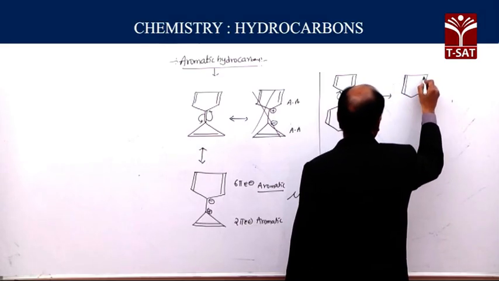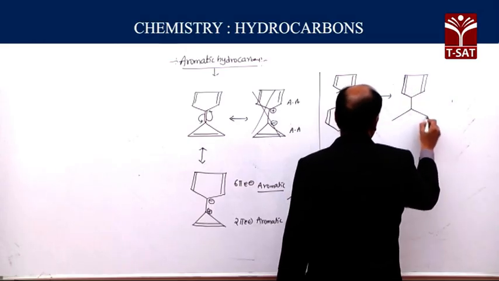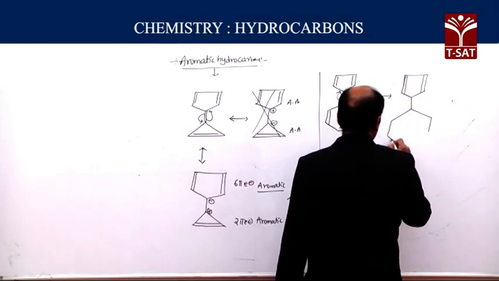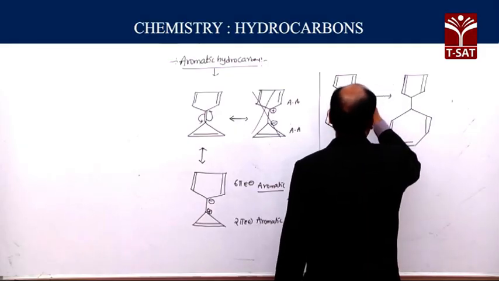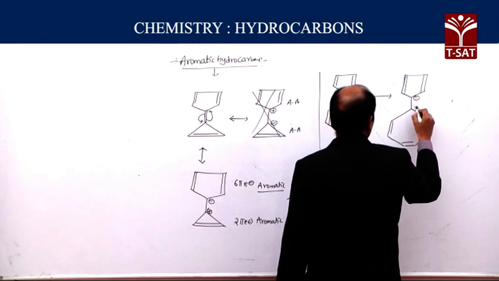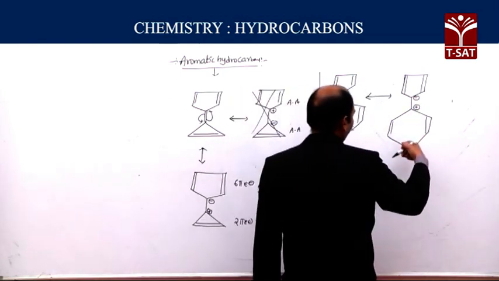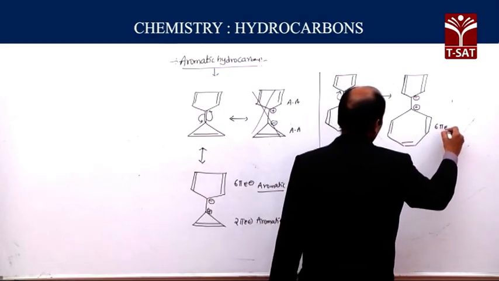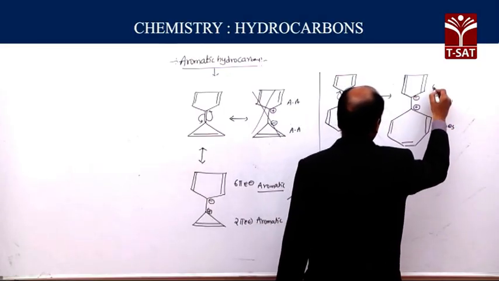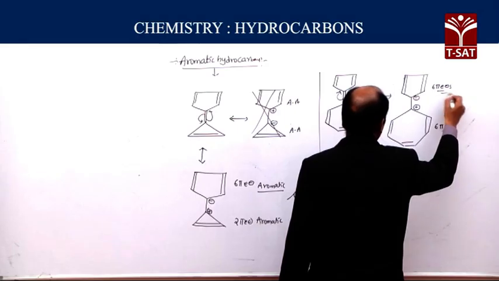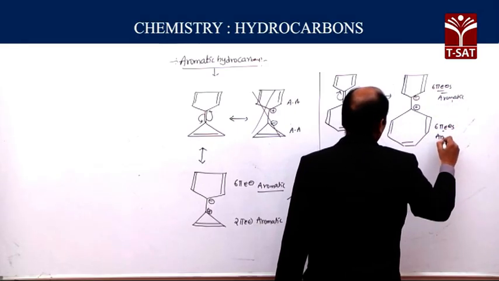Here a double bond, here also a double bond, and in the 7-member ring a double bond, a double bond, a double bond. This has a negative charge and this has a positive charge. The total electrons are 2 plus 2 plus 2, 6 pi electrons here, and 6 pi electrons here too, so this is aromatic and this is also aromatic.